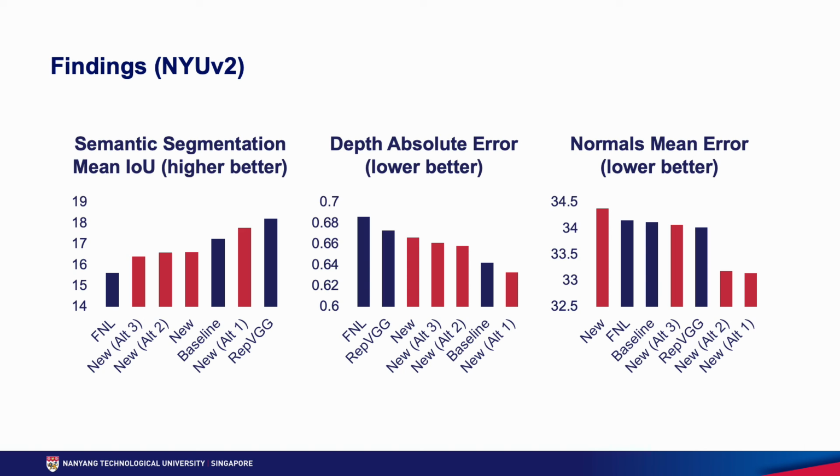For semantic segmentation, our new technique has beaten the baseline, although in this case, RepVGG is doing better than our new technique. But in the other tasks, we see that RepVGG is not doing as well. So we can say that our new overparameterization technique is doing consistently well in all three tasks. We find that this result is quite promising.